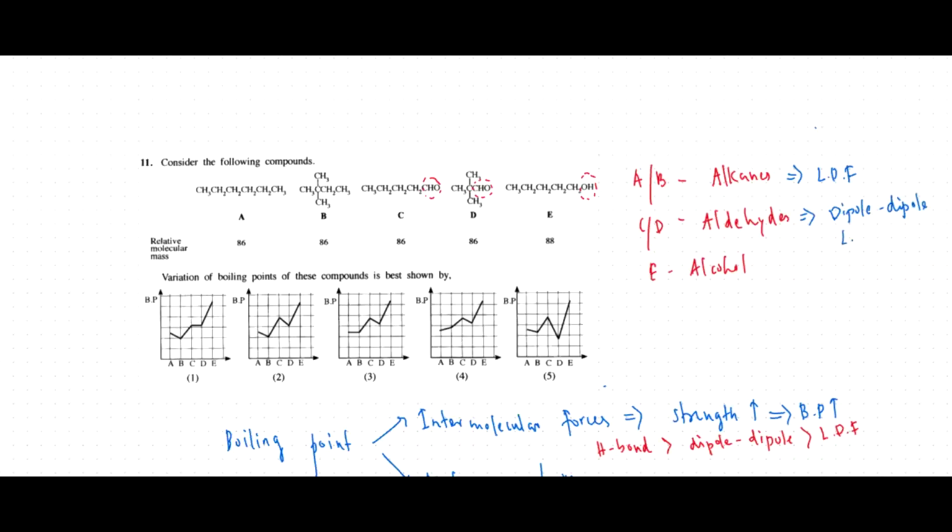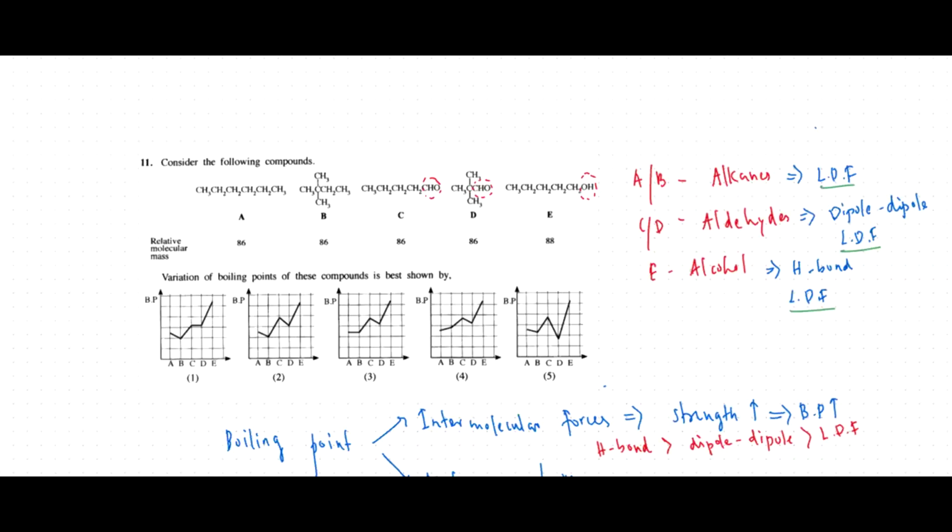And in alcohol, due to the OH group, the hydrogen bond is present between the molecules. And in addition to that, we have London dispersion force. So you all know that London dispersion force is present in all the molecules, regardless of its polarity. Okay.